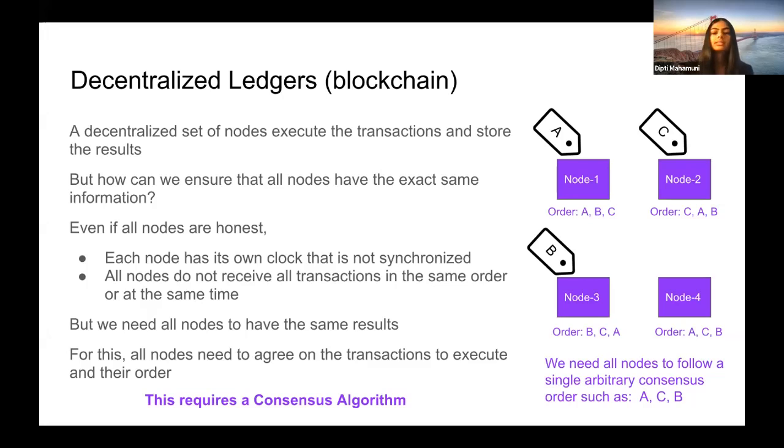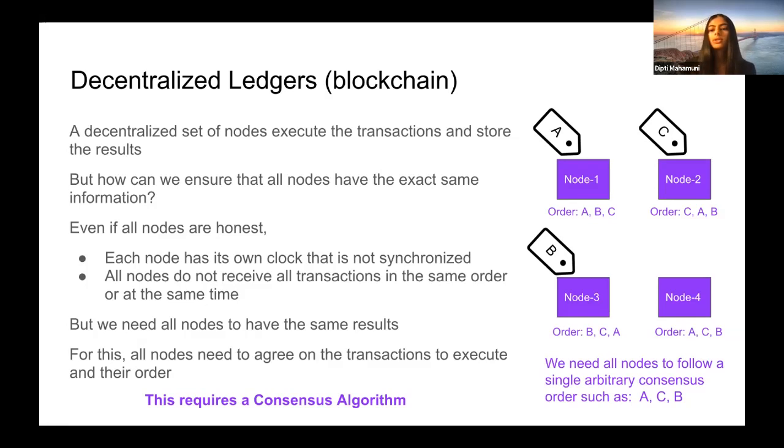But this doesn't necessarily mean that the transactions need to be processed in the order that they came in, or in the order A, B, C, because it's alphabetical. Any arbitrary order, such as A, C, B, is okay as long as all of the 4 nodes agree that the order that they'll process the transactions in is ACB in that order.